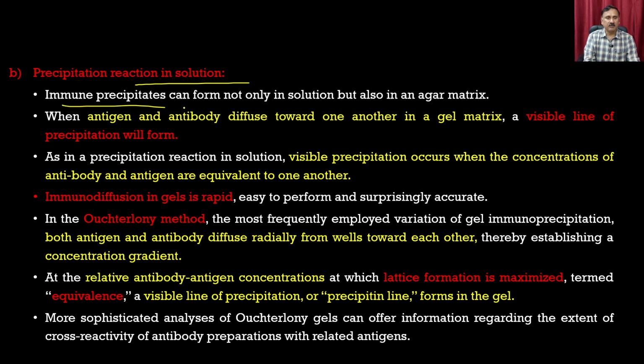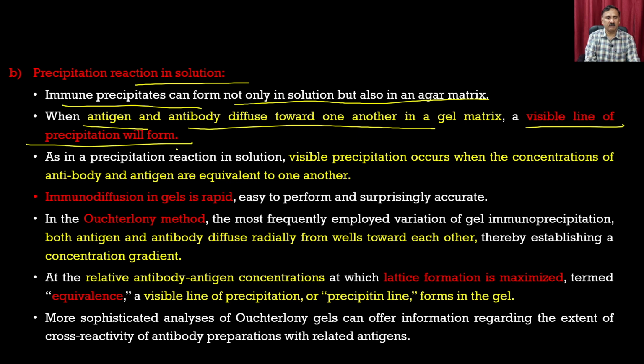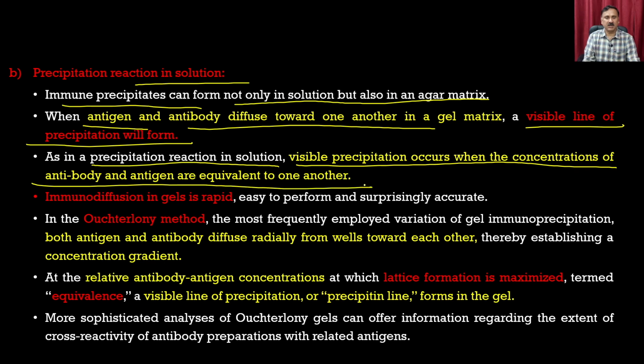Then you can also have the precipitate reactions in gels. So immunoprecipitate can form not only in solution but also in agar gel. When the antigen and antibody diffuse toward one another, a visible line of precipitation will form. As in a precipitation reaction in solution, visible precipitate occurs when the concentrations of the antibody and antigen are equivalent to one another. So immunodiffusion in the gel is rapid, easy to perform, and surprisingly accurate.